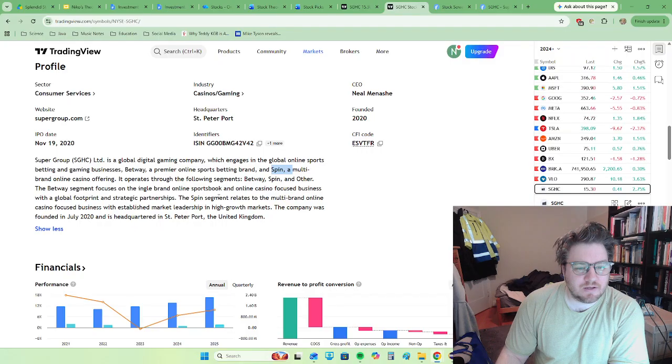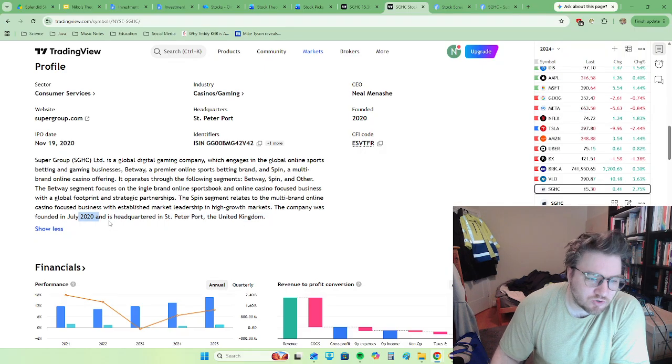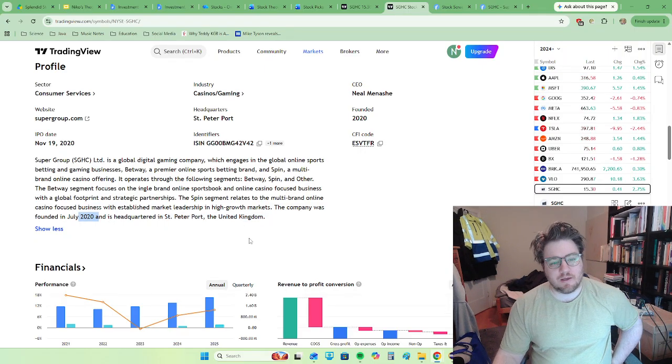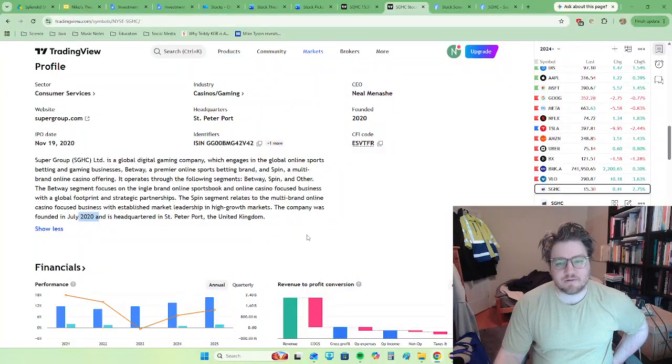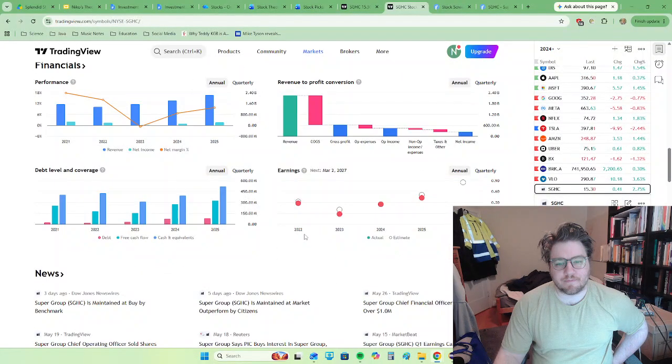Betway and Spin. It's headquartered in England. Founded in 2020. So it's only founded in 2020 and has a lot of success. Beating expectations. Oh no, falling just short.